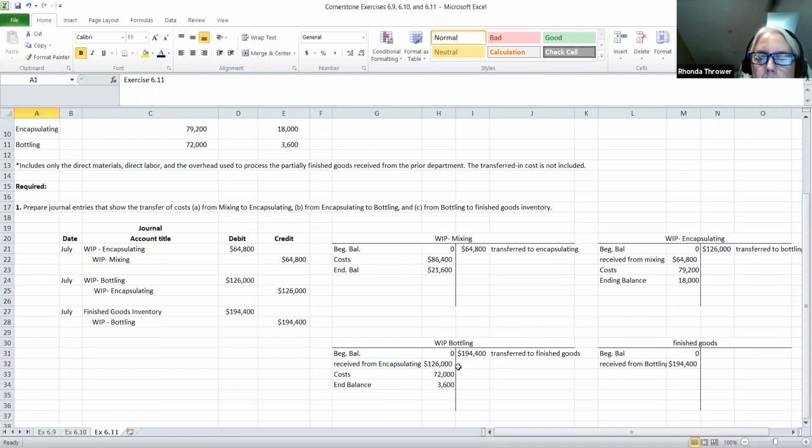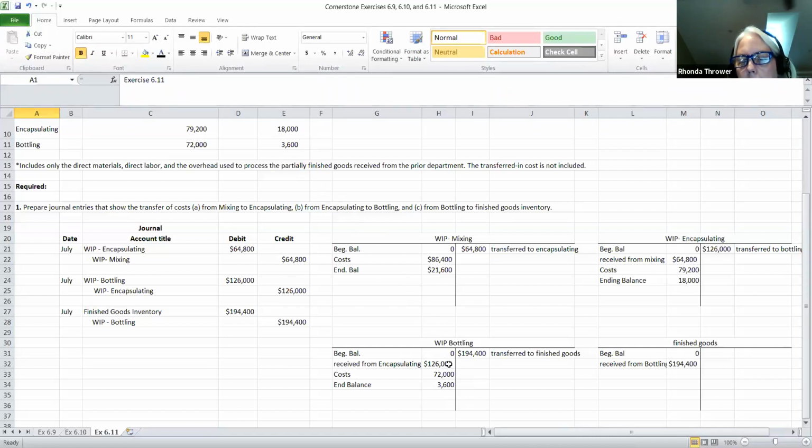Do you see how we ended up debiting the bottling department from what we received from the encapsulating department? Again, there was no beginning inventory in bottling, but we received this from encapsulating. And then in our bottling department, the cost that we incurred were $72,000, and the ending inventory was $36,000.